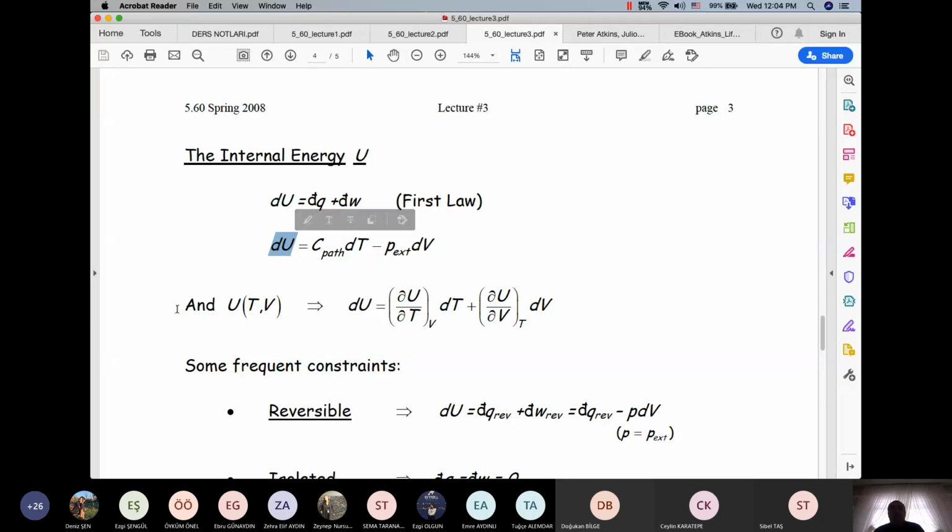Okay, and we said that since the energy is a state function, I can write it as a function of T and V. If I am writing it as a function of T and V, this is just a mathematical expression that you can split into parts. You can fix one of the independent variables and change the other one and see the effect of that one, and also you can fix the other one and see the effect of that one.